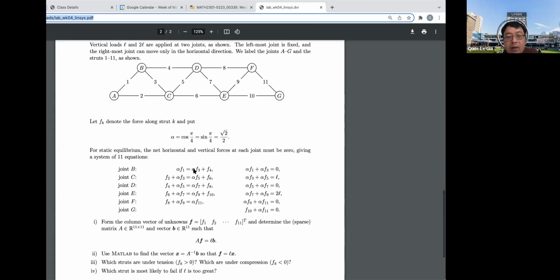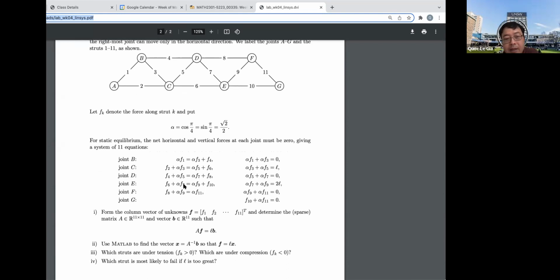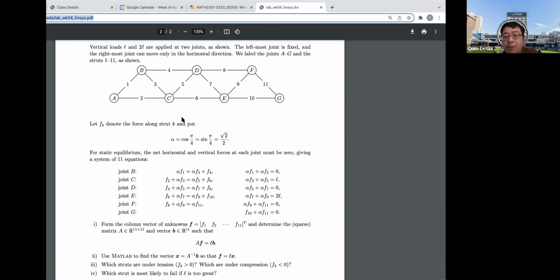The part about the linear system comes from the syllabus, and the sparse matrix comes from the syllabus, but the physics, I'm not expecting you to know that. Some of you might remember it from your mechanical engineering materials, but I'm not expecting you to know that.